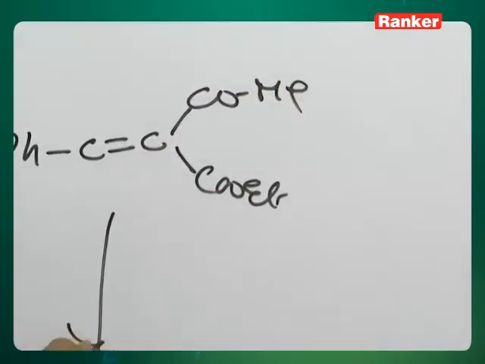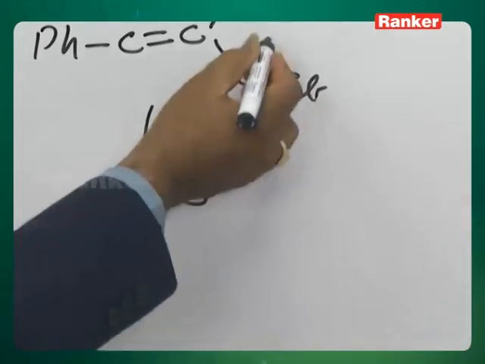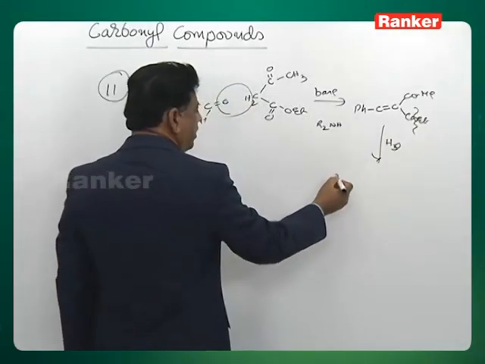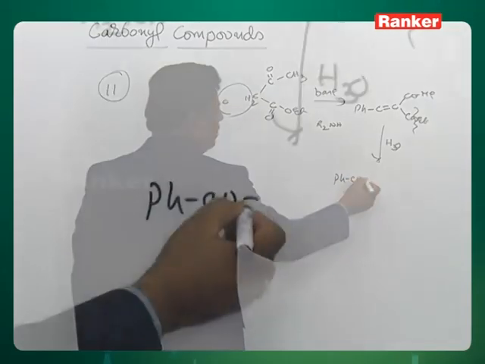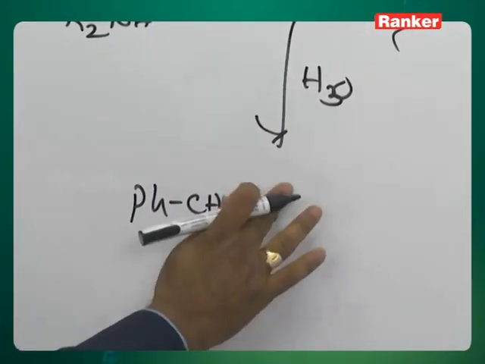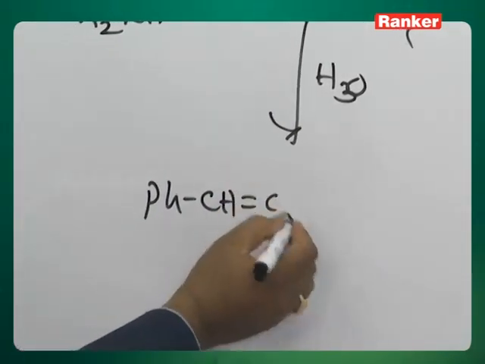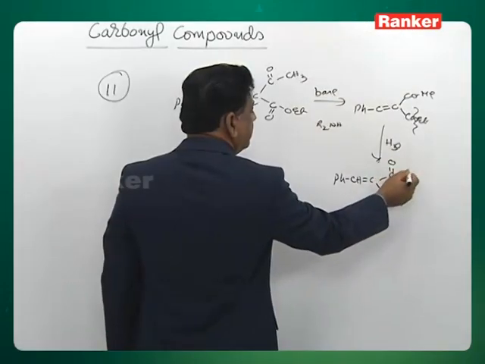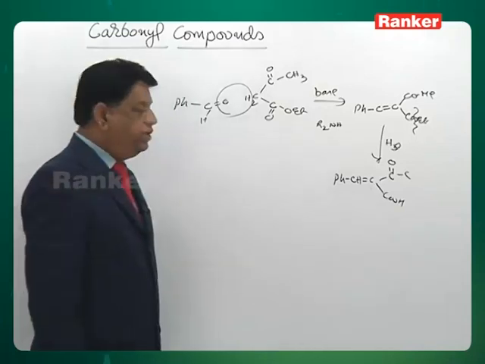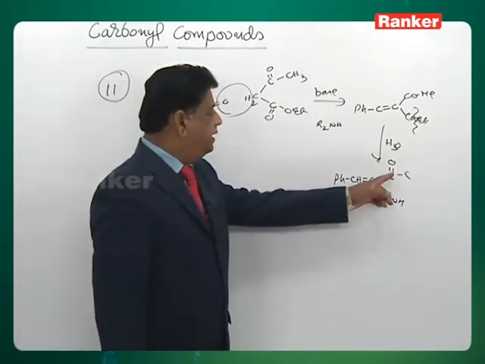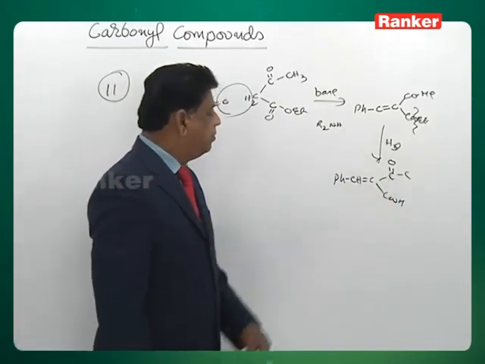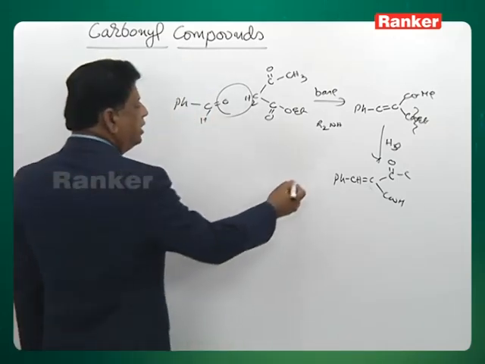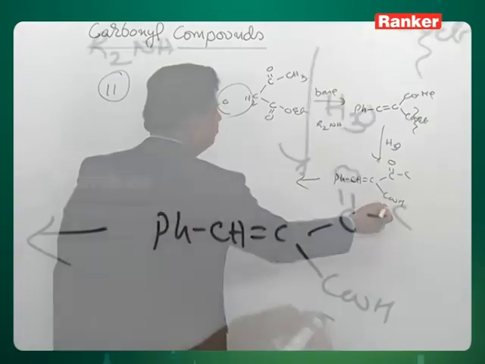So this undergoes a hydrolysis reaction. In this hydrolysis, the ester undergoes hydrolysis. So phenyl CH double bond CH with COOH, a carboxylic acid, which by nature, if you see, this is an alpha, beta unsaturated type of compound. So what happens, it undergoes decarboxylation easily.